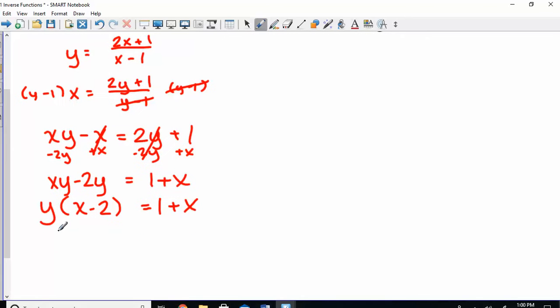Then, to get y by itself, you would divide. Final step, instead of y, we write f inverse of x.